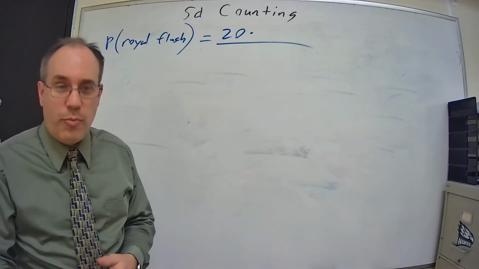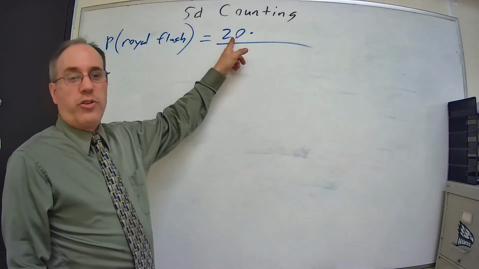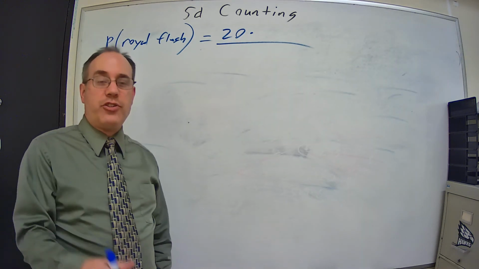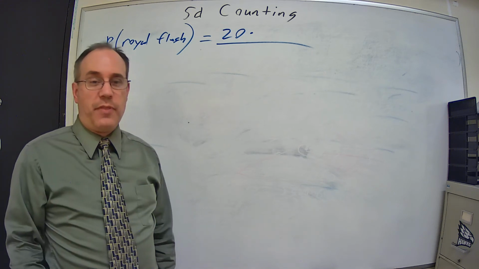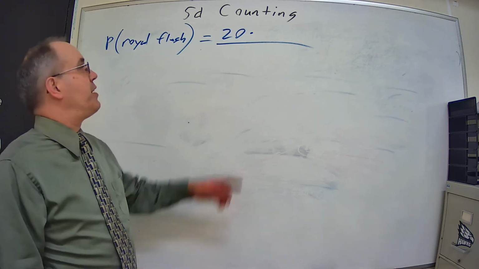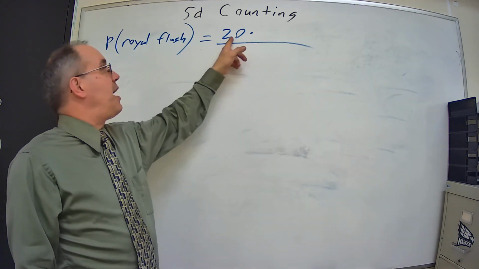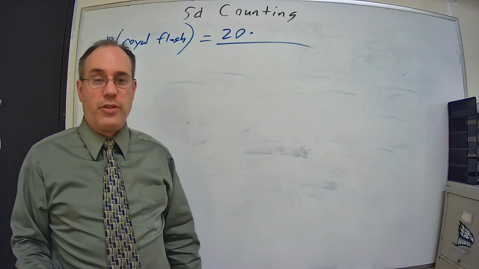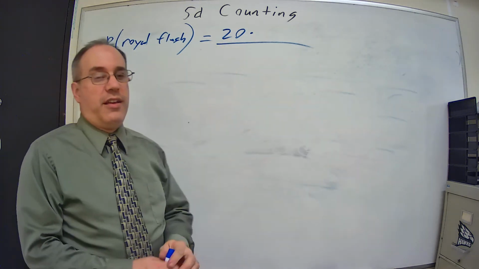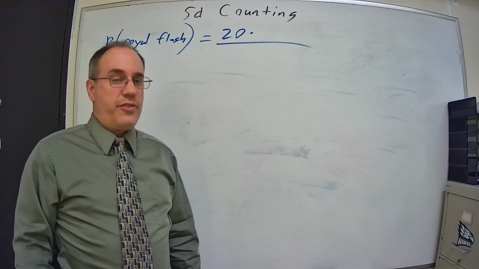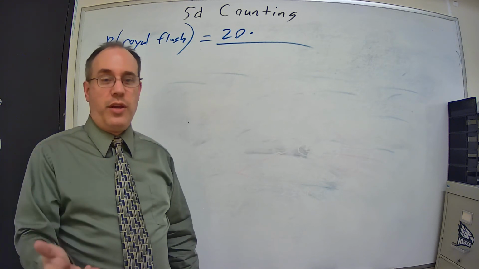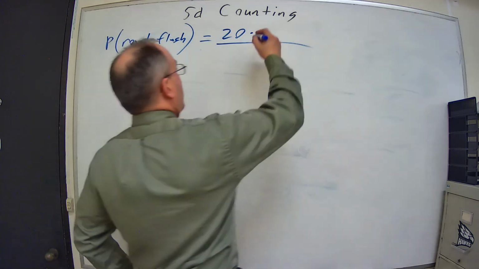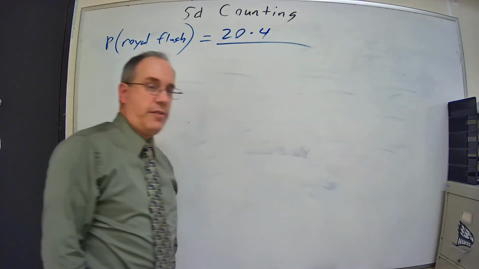Now we have to be careful, because once I get a card that starts my royal flush, all of the other cards have to match that suit. So instead of having 19 cards left, there are only 4 other cards in that suit that will finish off my royal flush. If that's a king of hearts, then there's just the 10 of hearts, the jack of hearts, the queen of hearts, and the ace of hearts. So my second card has only 4 possibilities.